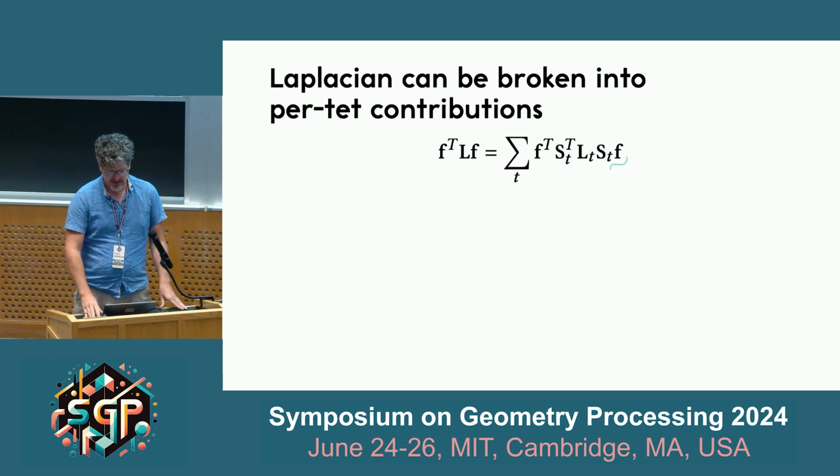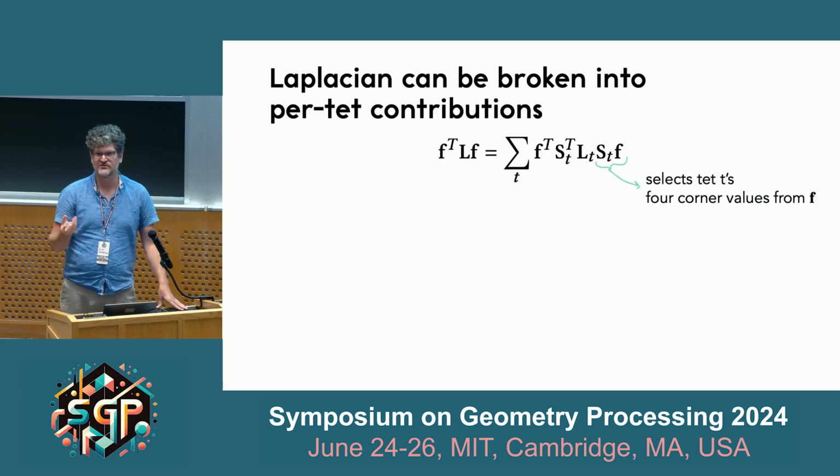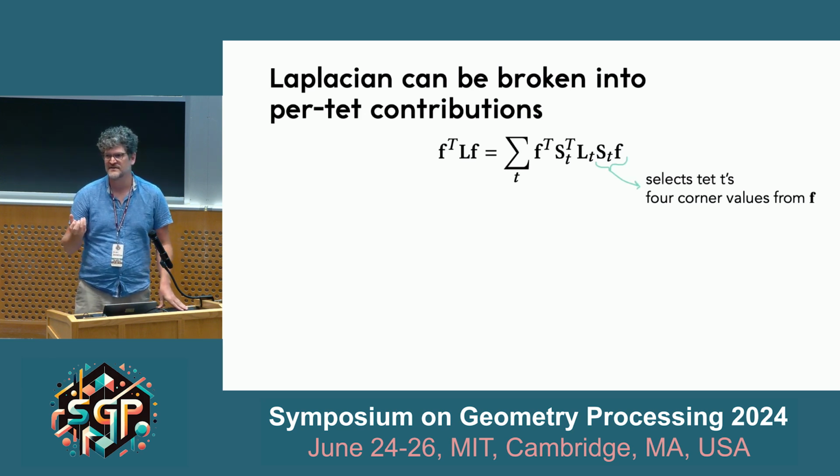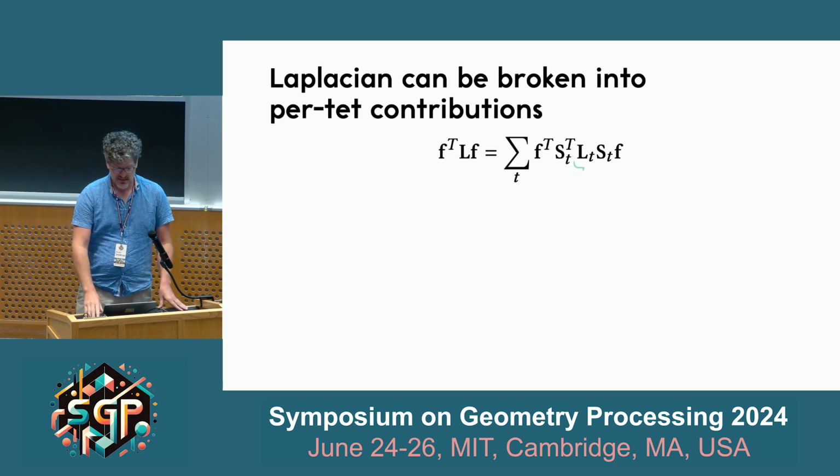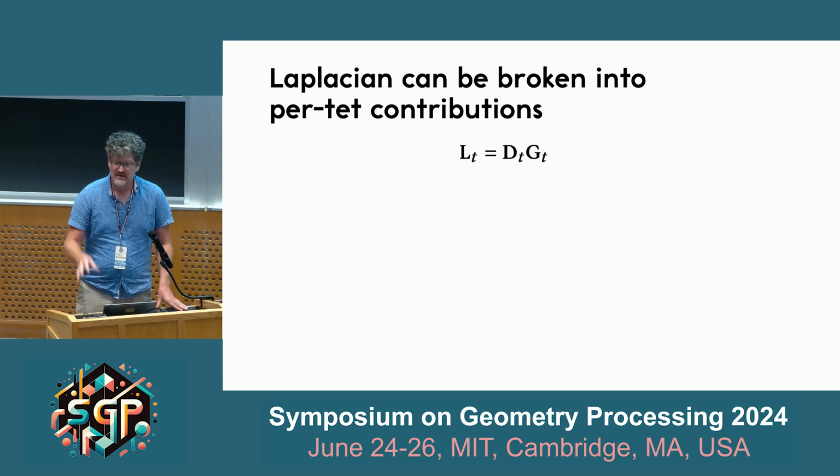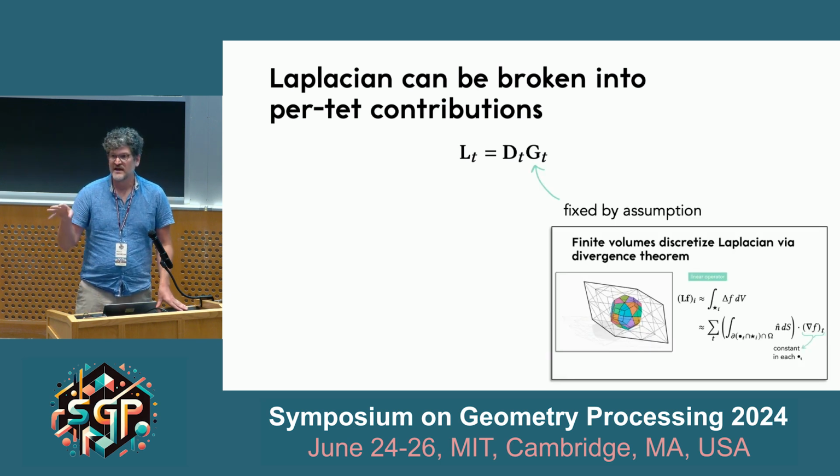So this S matrix here is just extracting the 4 corner values on the tetrahedron T, and then the LT is a 4x4 matrix that computes the contribution of that tetrahedron to the total Dirichlet energy of the entire mesh. We can further break down that Laplacian LT into the gradient portion.